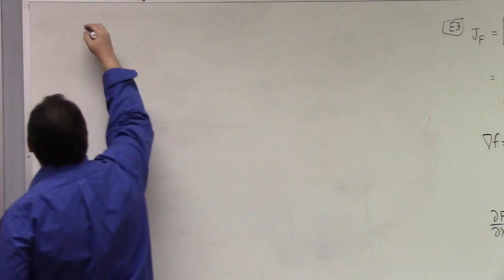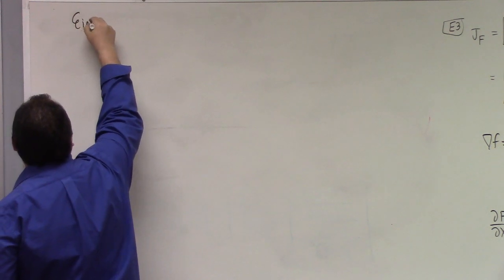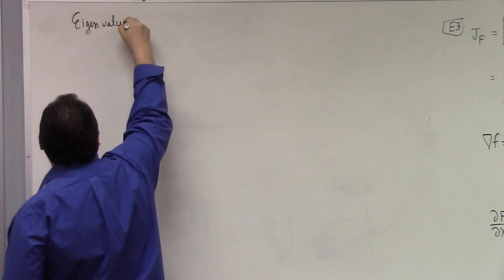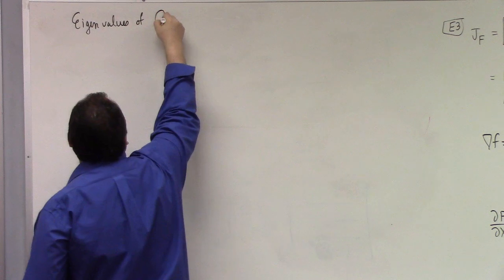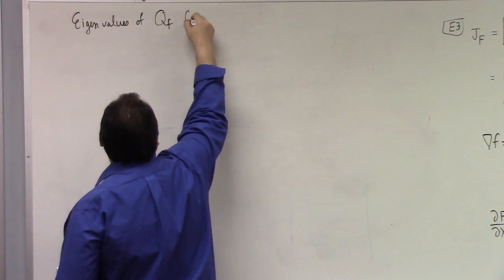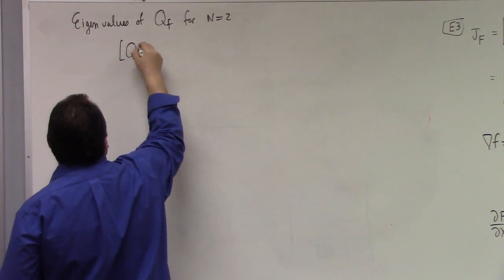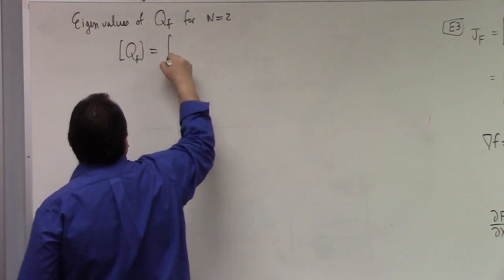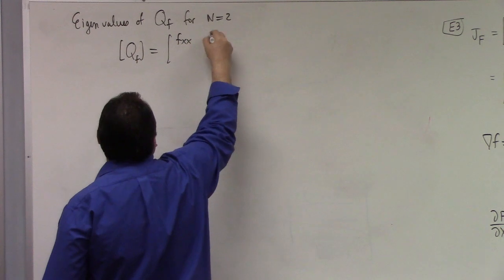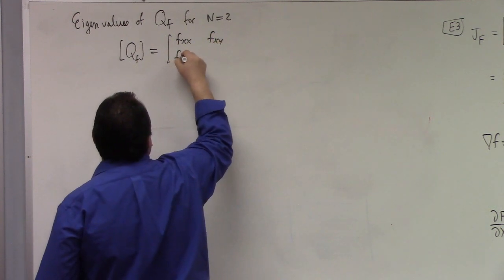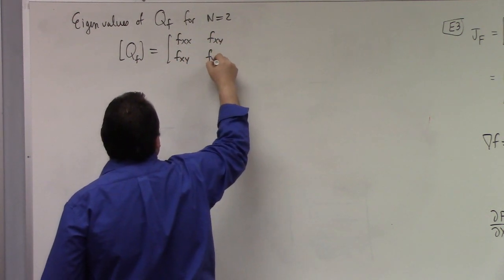Well, let's look at n equals 2. What are the eigenvalues? Eigenvalues of Q sub f for n equals 2. Can you tell me what they are? So here's Q sub f. We have fxx, fxy, fxy, fyy.